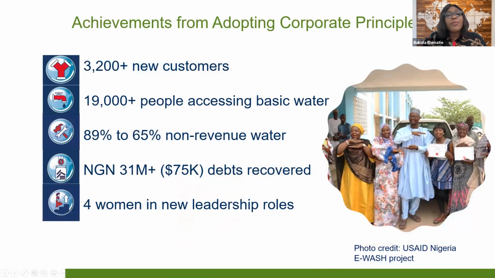All right, talking briefly about achievements from adopting corporate principles. Now that the utility has a more corporatized environment, the water law was closely tied to the corporatization, to focus on internal utility governance and decentralization of responsibilities.